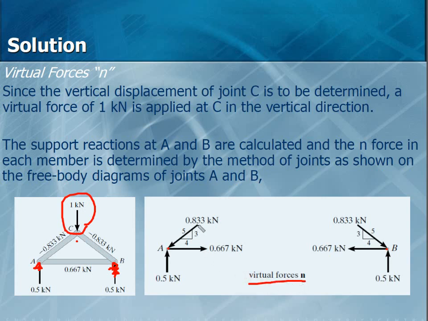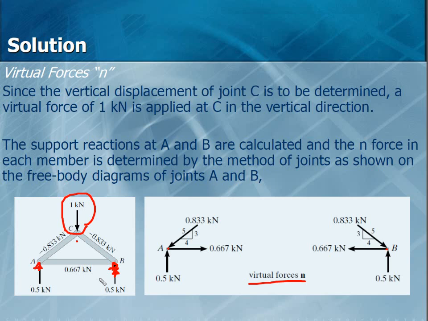But remember, this is compression, so we have to write it with a minus. This is tension, because it came out positive, and we assumed it positive. This has come out to be compression, so we put a minus here because it's going to affect the calculation. You put minus for compression and positive for tension so that the calculation ends up correct.